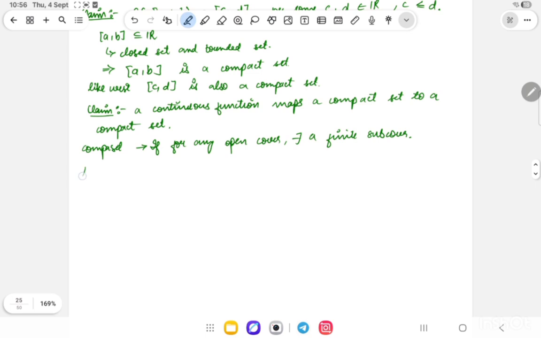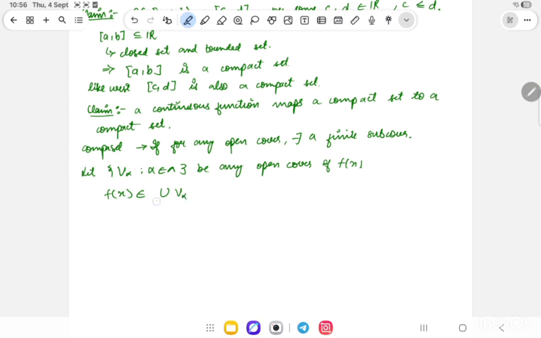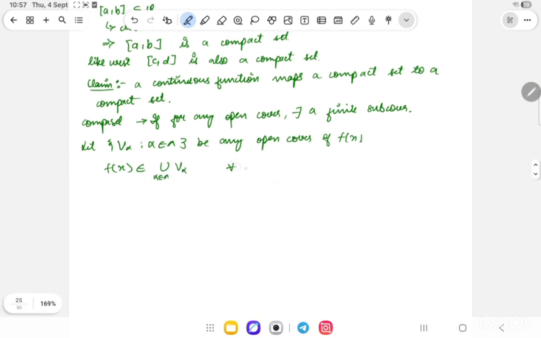So let us assume that V_alpha, where alpha belongs to the index set, is any open cover of f(X). If that's the case, then f(x) will belong to the union of V_alpha, where alpha belongs to the index set, for all x belonging to [a, b].